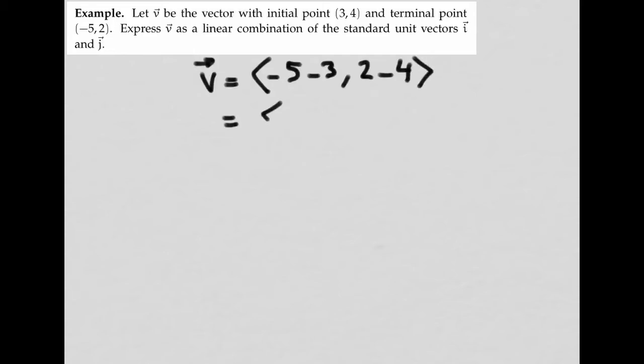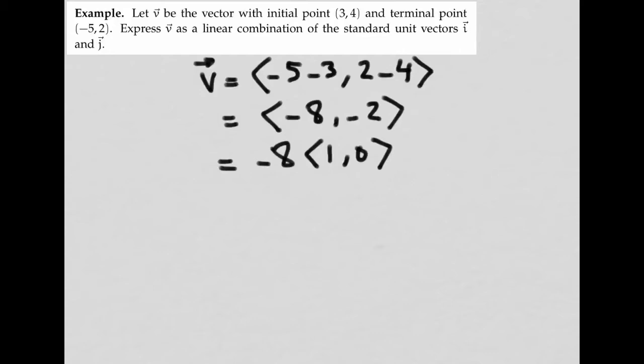This means the vector v has components -8, -2, which we can write as -8 times the vector with components 1, 0, minus 2 times the vector with components 0, 1.